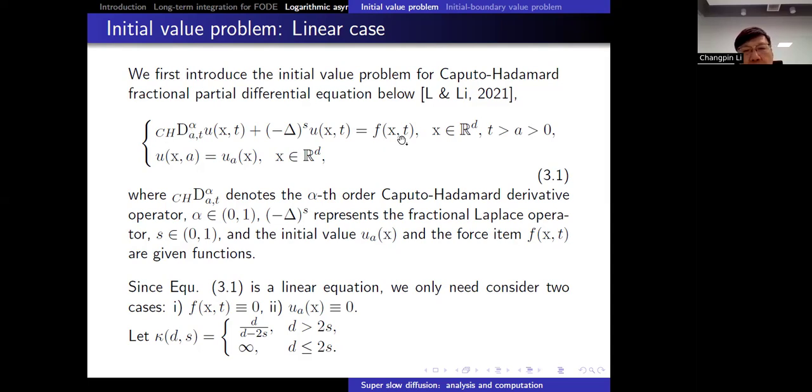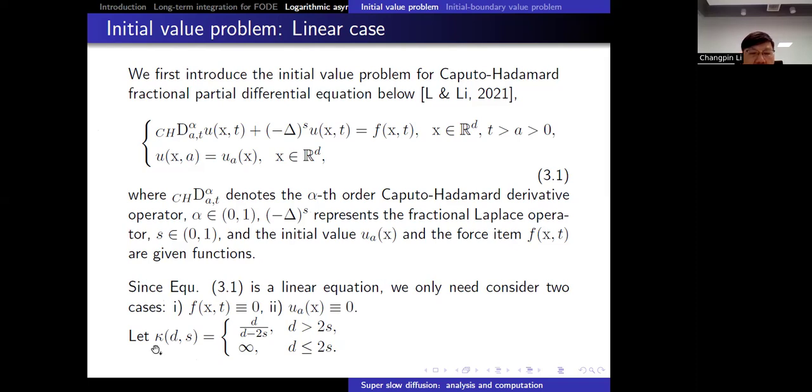Since this is a linear model, such a case can be divided into two subcases. We can consider a homogeneous equation with the inhomogeneous initial condition, and the inhomogeneous equation with the homogeneous initial condition, since the solution obeys the principle of superposition.